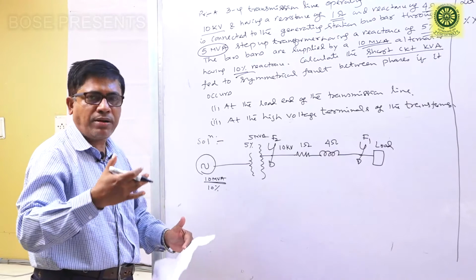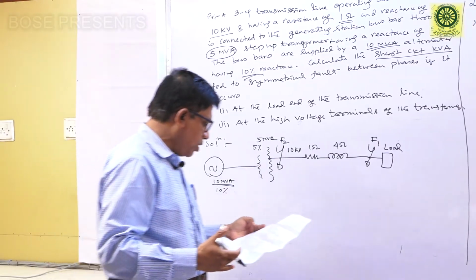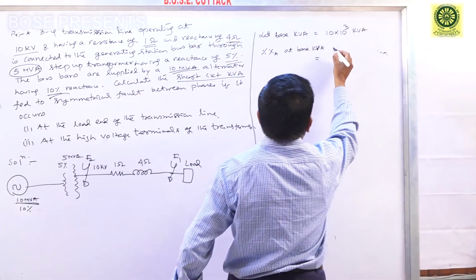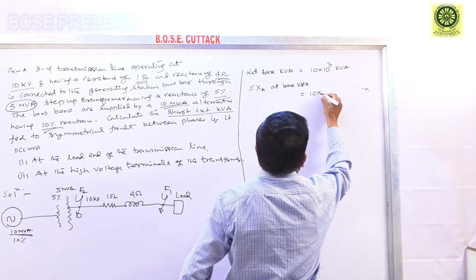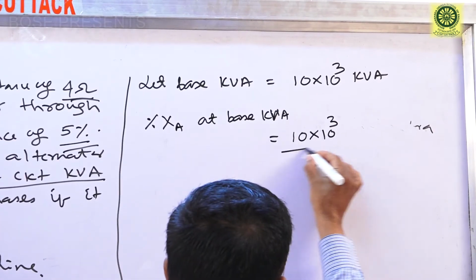So I have to convert from the rated kVA into the base kVA. So what is the formula? Base kVA, 10 into 10 to the power 3 kVA, divided by rated kVA.